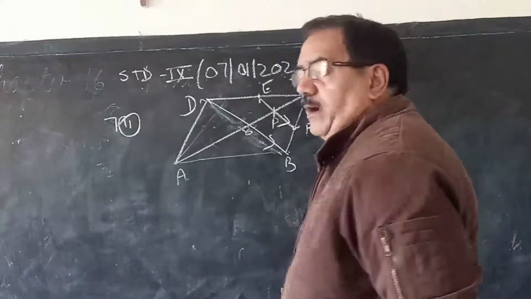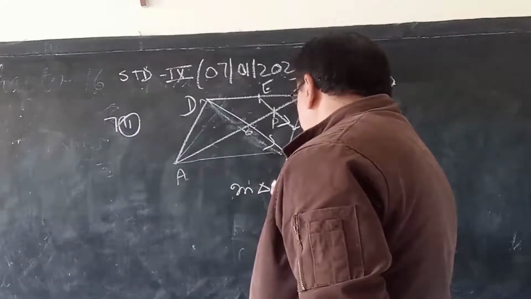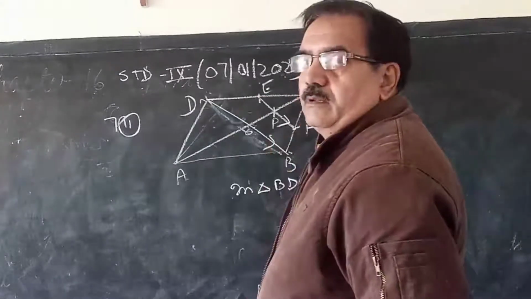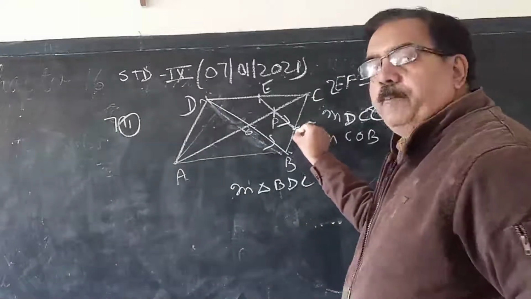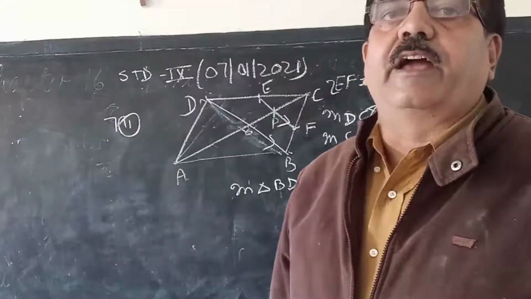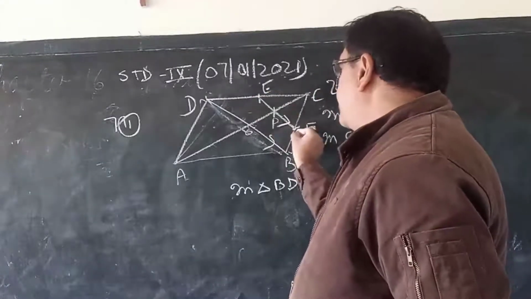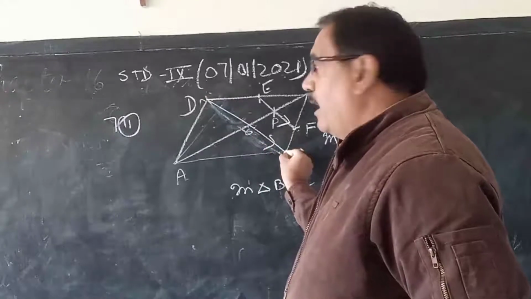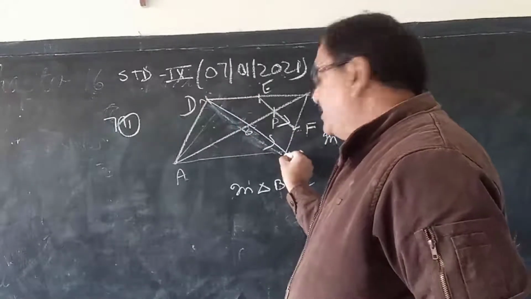For the second part, now in triangle BDC, E is already given the midpoint. F, we have proved by the converse of the midpoint theorem, is also a midpoint. So the line joining the midpoints E and F will be parallel to the third side BD, and this will be half of the third side BD.